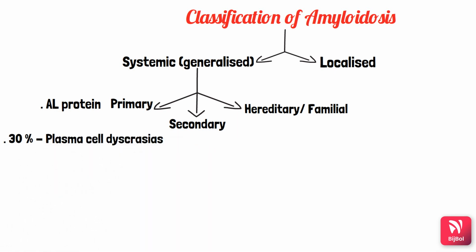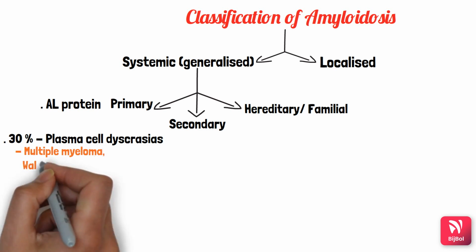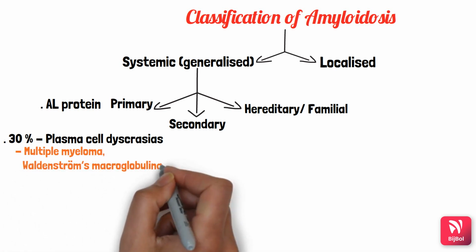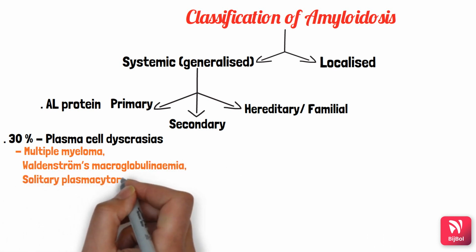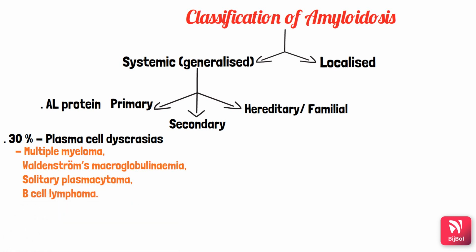Under primary amyloidosis, 30% of the amyloid cases are plasma cell dyscrasias, which are basically multiple myeloma, Waldenstrom's macroglobulinemia, heavy chain disease, solitary plasmacytoma, and B cell lymphoma. All of these cases will have AL type of amyloid.